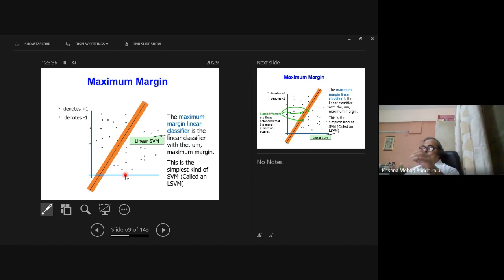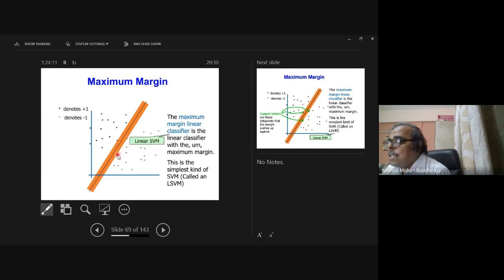So this particular classifier is designed in such a way that you find the class boundary that gives you the highest margin for the test samples. So what is this margin? When I'm using the term margin, what am I referring to? The margin is the distance between the class boundary and the nearest samples.